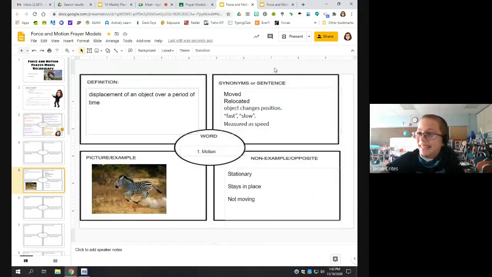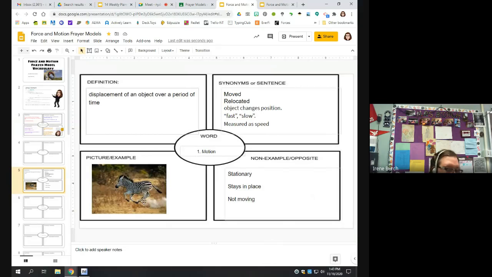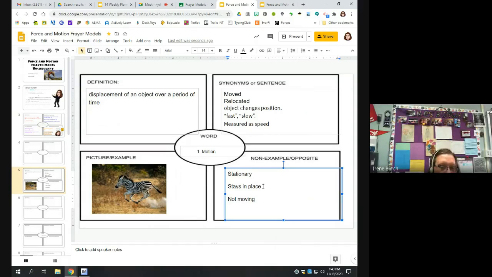So I picked this zebra that looks like it's running, and I can tell that it's running because of how his feet are positioned and the background is blurry. If it was just standing there in the field, that wouldn't be a good picture for motion, right? And then the non-example or opposite would be not moving, stationary, stays in place.